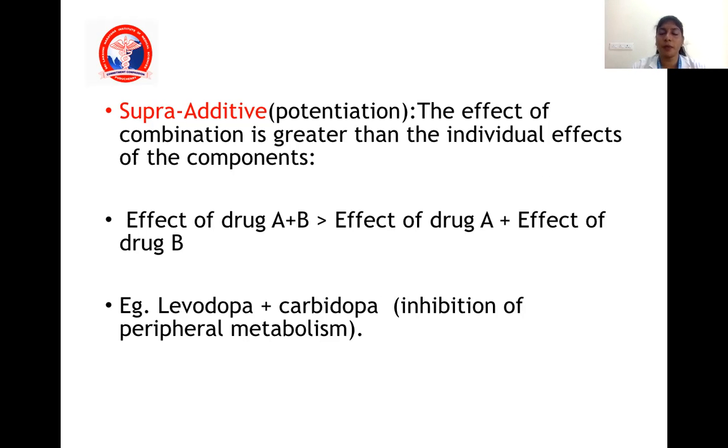It causes peripheral decarboxylation, so very little dopamine reaches the brain, which is not enough to ameliorate the symptoms of Parkinsonism. That is why we combine levodopa with carbidopa. Carbidopa inhibits the peripheral decarboxylation of levodopa. That is why the efficacy of combining levodopa and carbidopa for Parkinsonism is more than when you give levodopa alone or carbidopa alone to a patient.